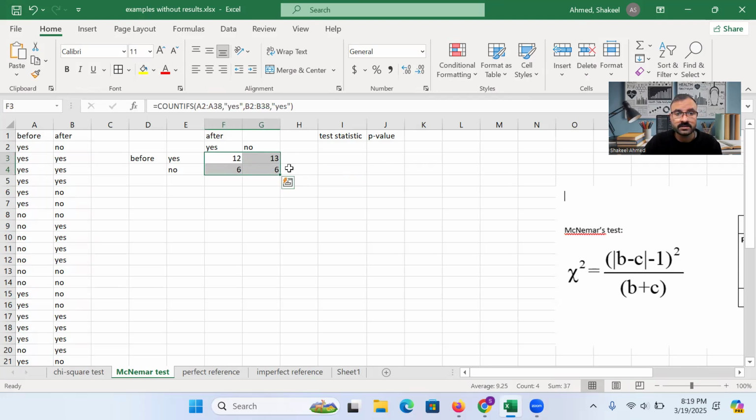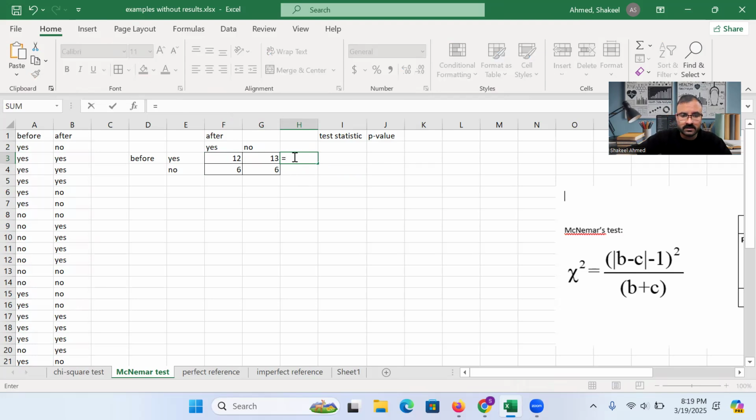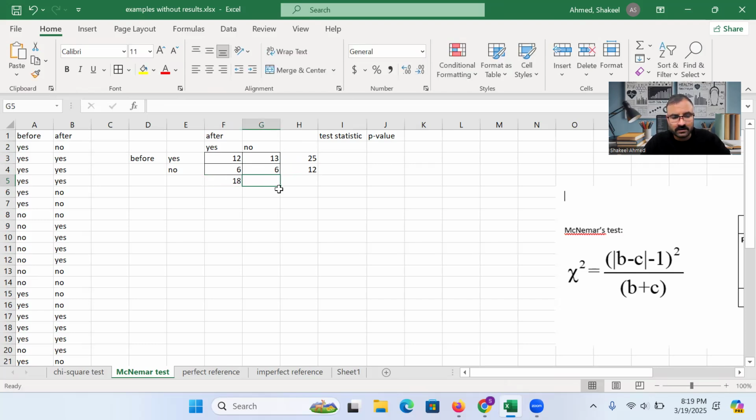So these are the data set, and you can find the row totals and column totals. This is 25, and this is 12, and this is 18, and this is 19.